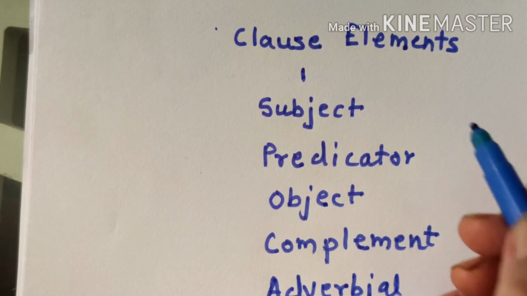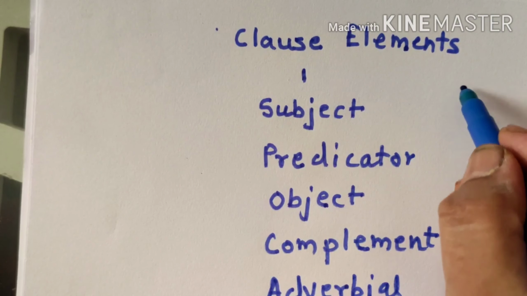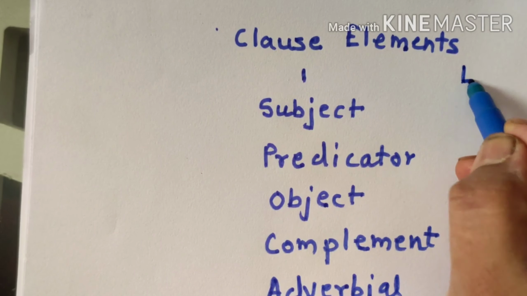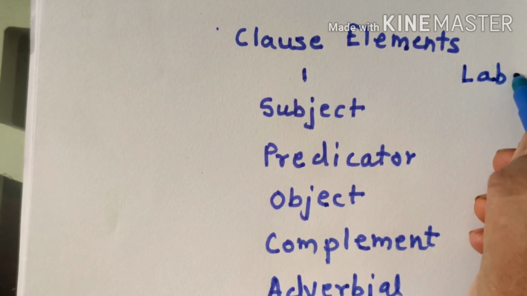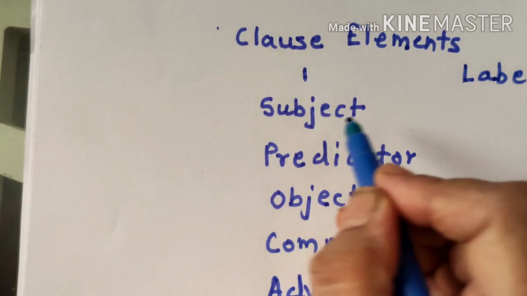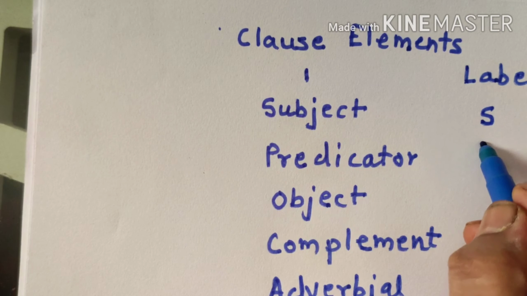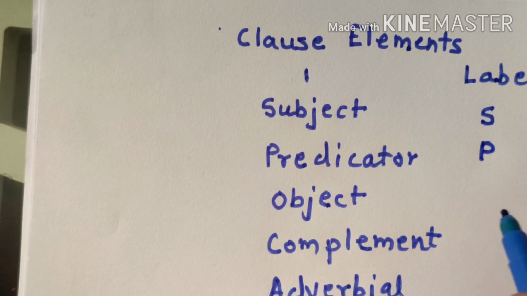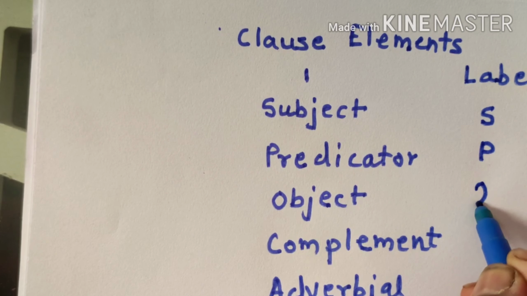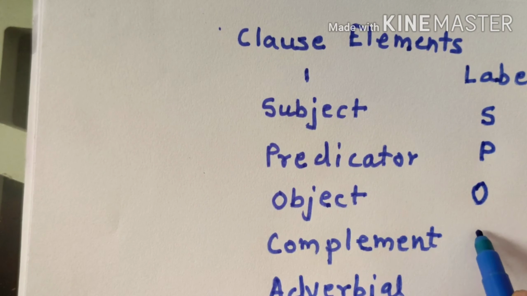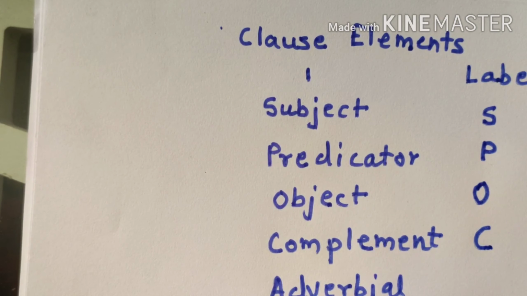Now these elements of the clause have different labels. What kind of labels do we use for them? S for subject, capital P for predicator, capital O for object, capital C for complement, and capital A for adverbial.